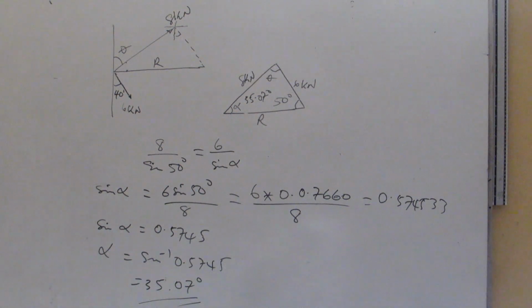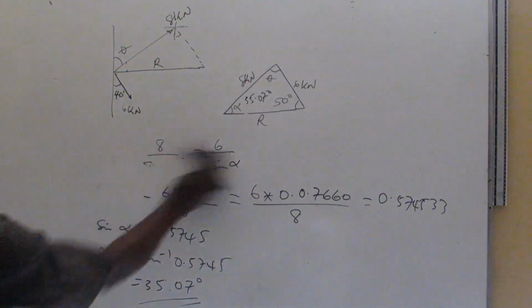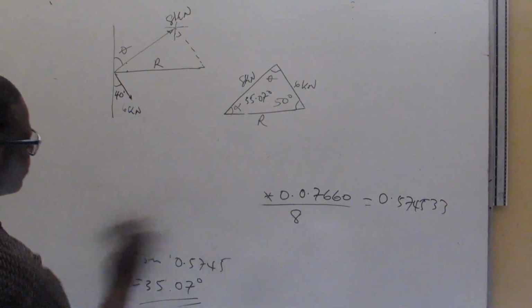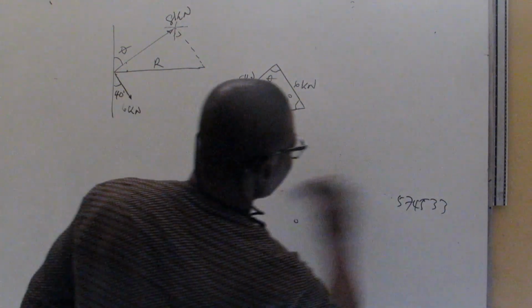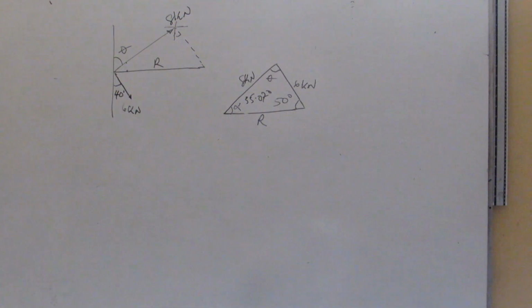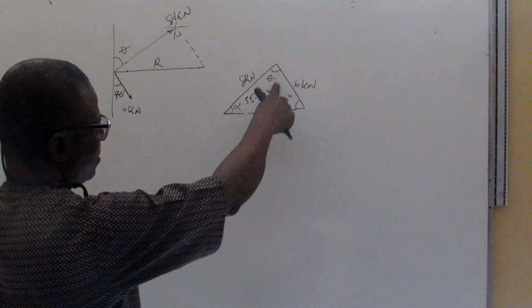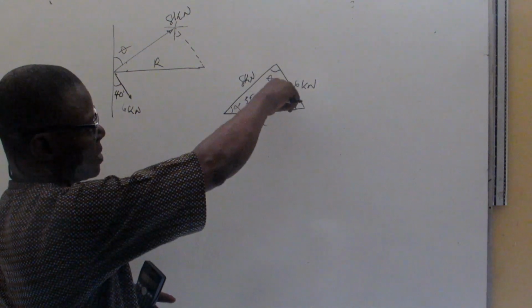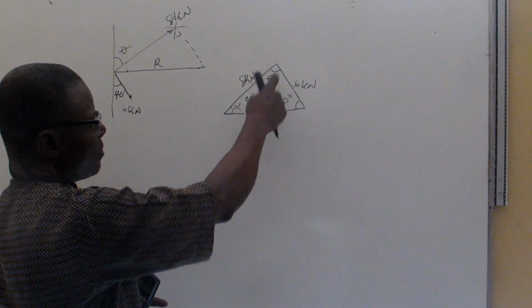What next do we do? Remember, we have not known the magnitude of the resultant now. From this triangle, we can also find our resultant. But we don't know this angle.